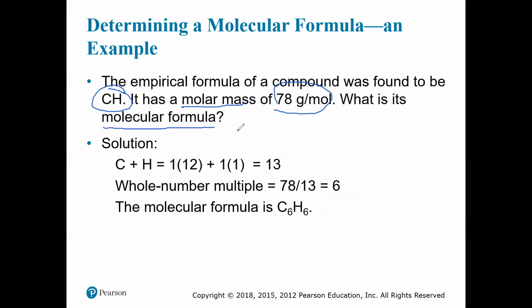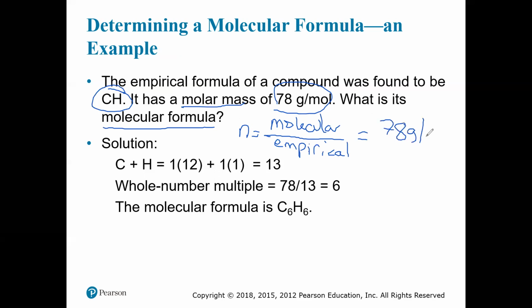In order to find the molecular formula, I need to know what my value N is. N is how much bigger my molecular formula is than my empirical formula. So N equals molecular over empirical. In this case, I've got 78 grams per mole as my molecular mass, because again, that number is always going to be given to you.